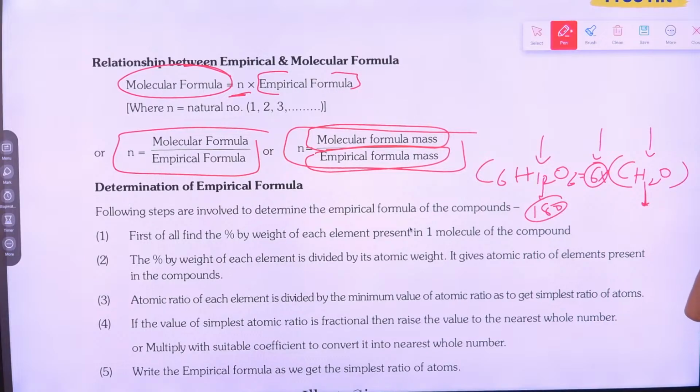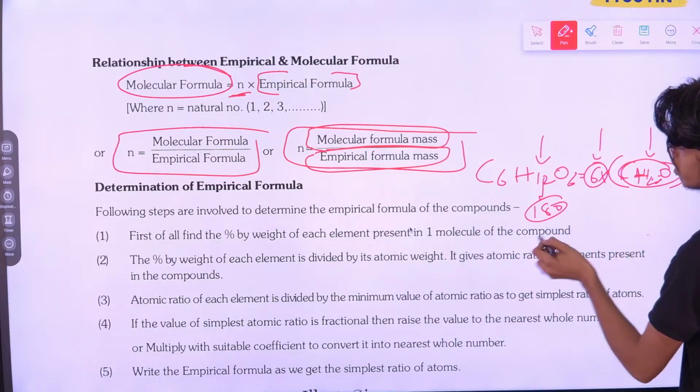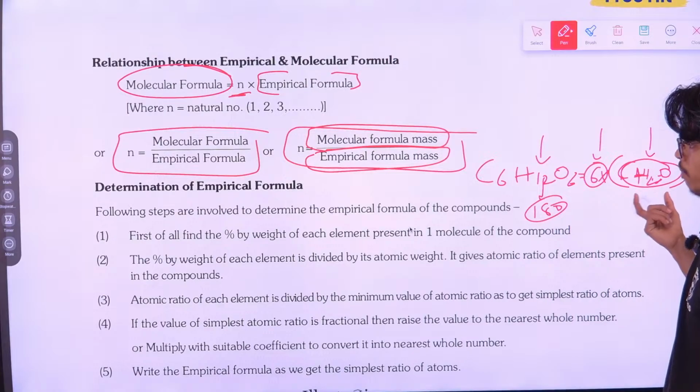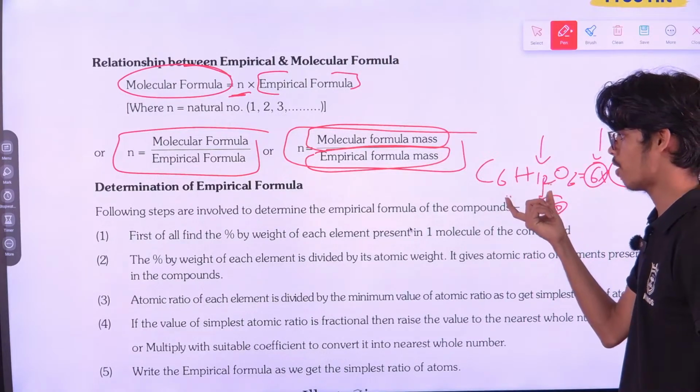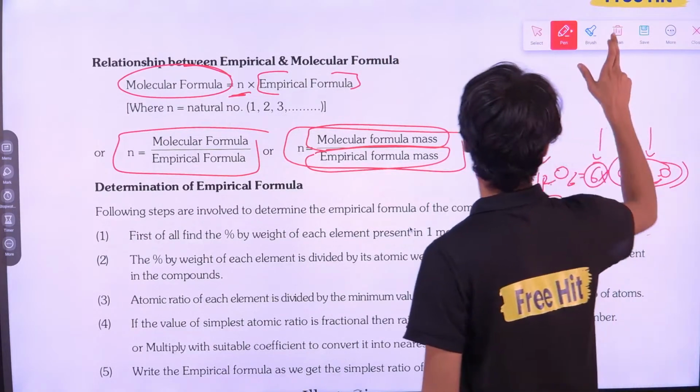So oxygen is 16, and the carbon 12, it will be something; I don't know, I think 36, no, not 36. Whatever it is, you can find it out later. So whatever CH2O's mass is, you can also take the ratio of the empirical formula mass and the molecular formula mass. Got it? You can also write it out.